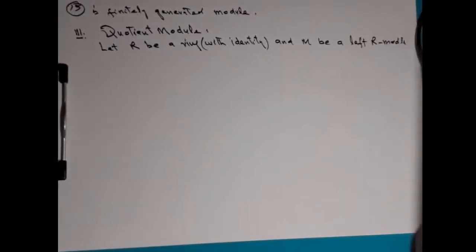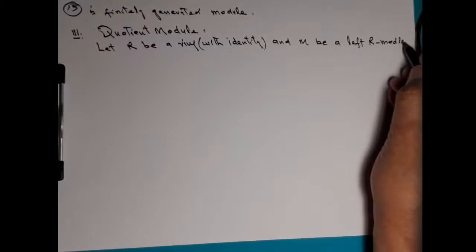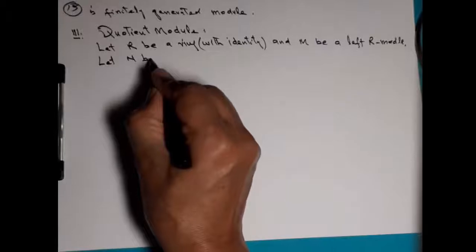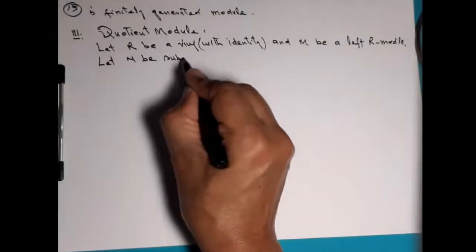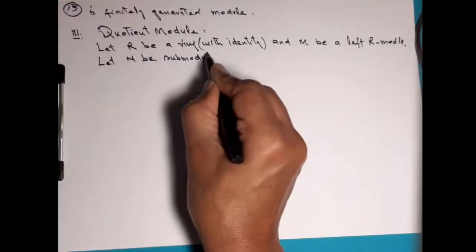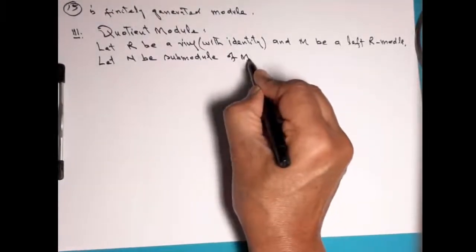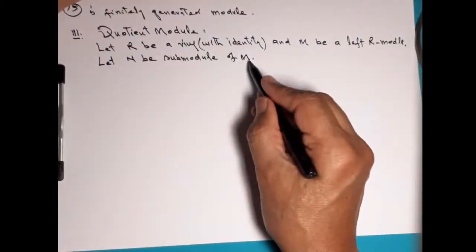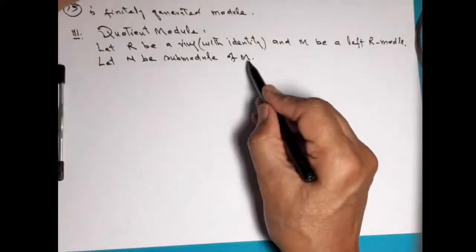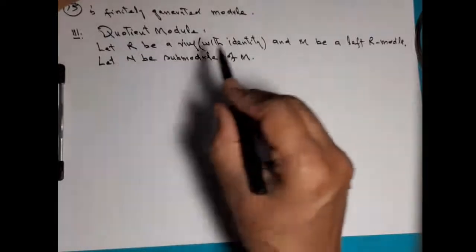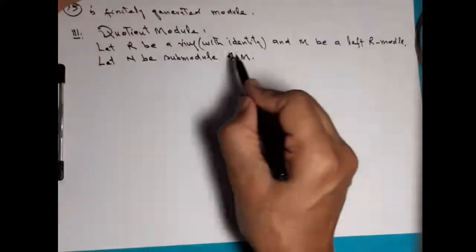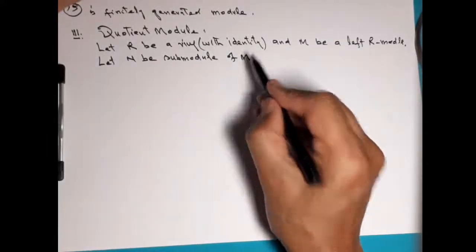Let N be a submodule of M. We know that in particular M is an abelian group under addition, and N being a submodule of M, N is a subgroup of M, and since M is an abelian group, therefore N is a normal subgroup of M.